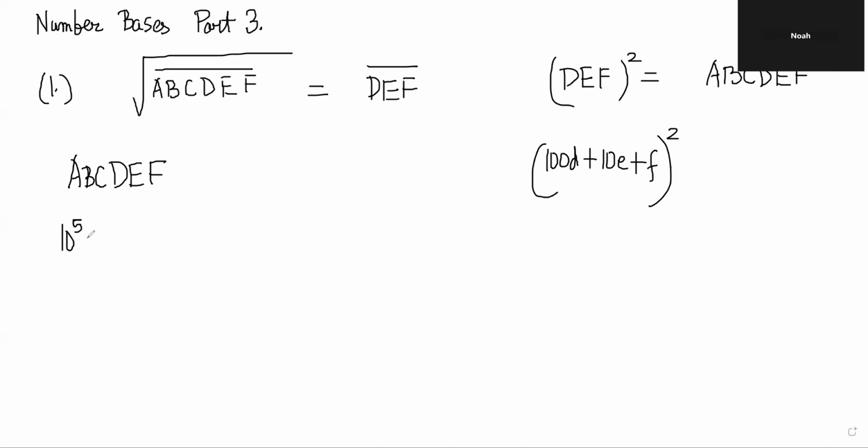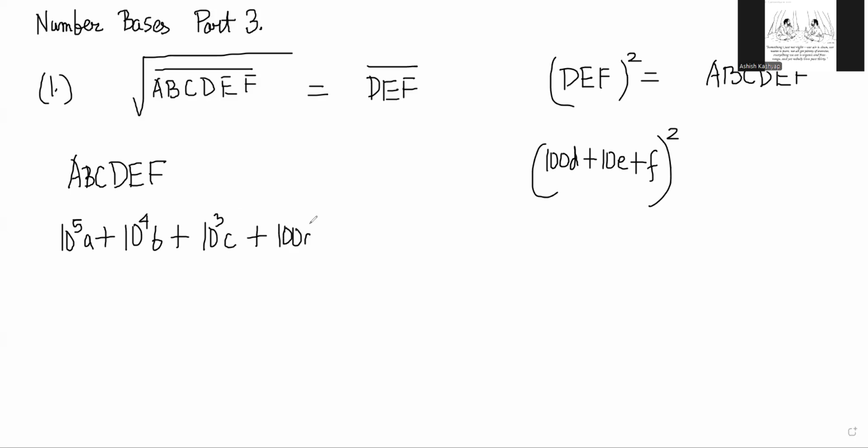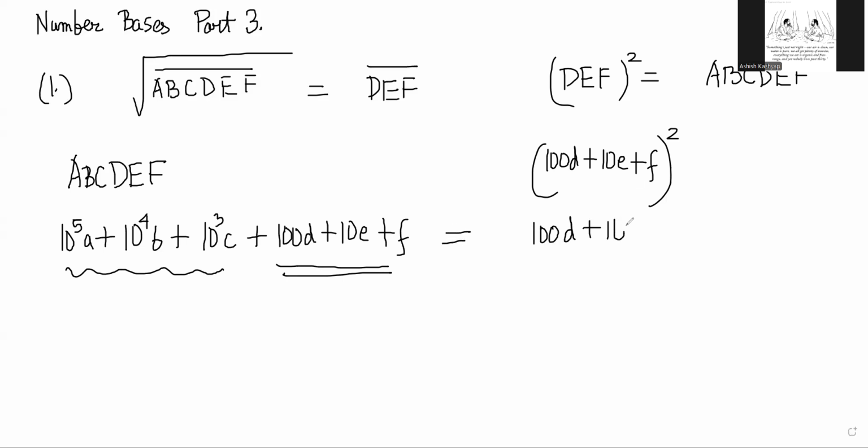So if I write it like this, then we have 100D plus 10E plus F here, and we have something here, which should be equal to this square, correct?